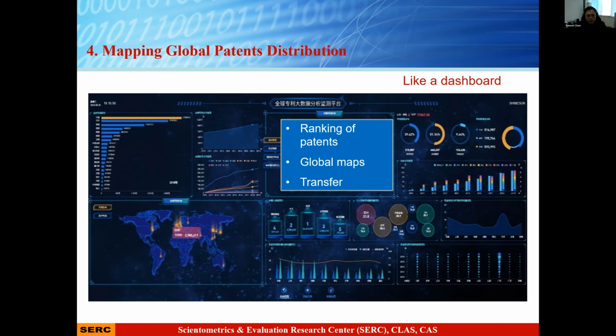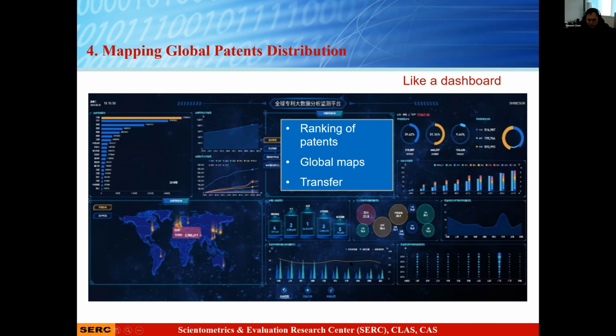a website of the global patent, and it's like a dashboard. Policymakers can look at this one map and know which country ranked first, and where the new patents originate from, and we can see the progress.